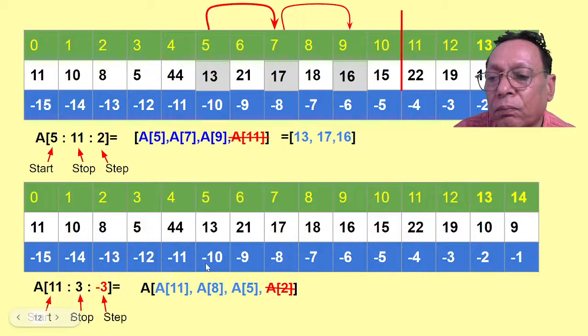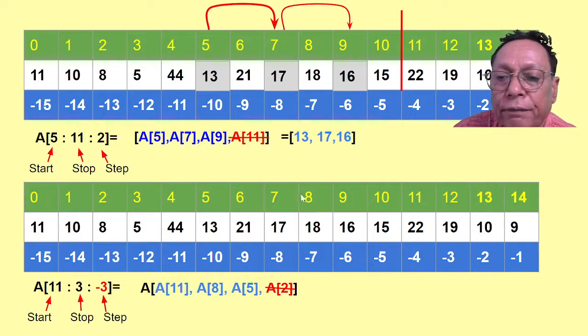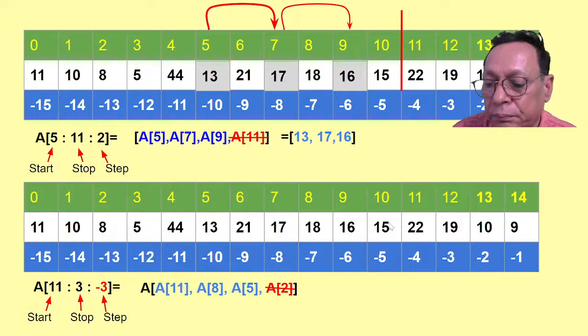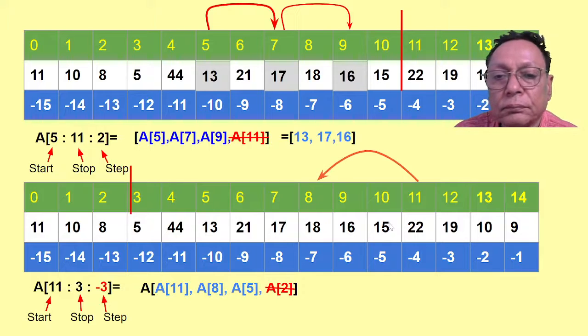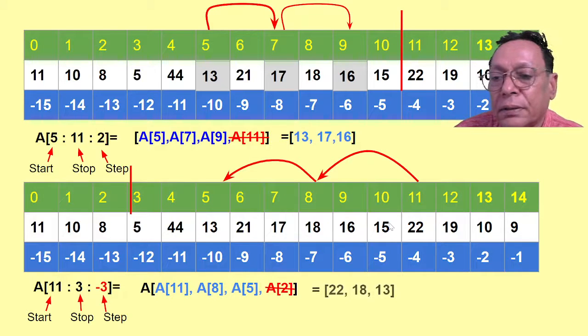So a[11], then a[8], then a[5], then a[2], a gap of 3, like this, a gap of 3.